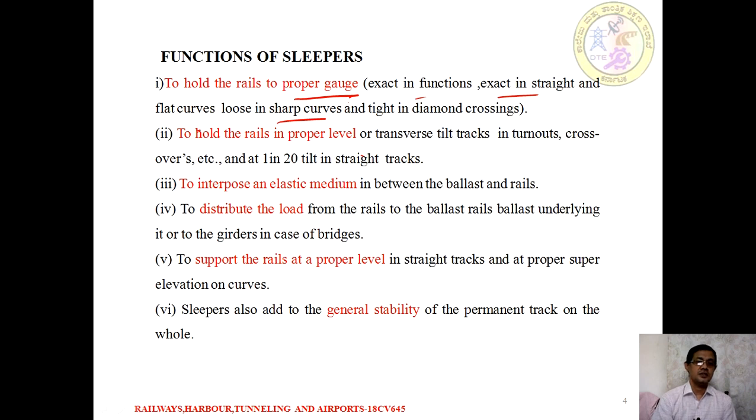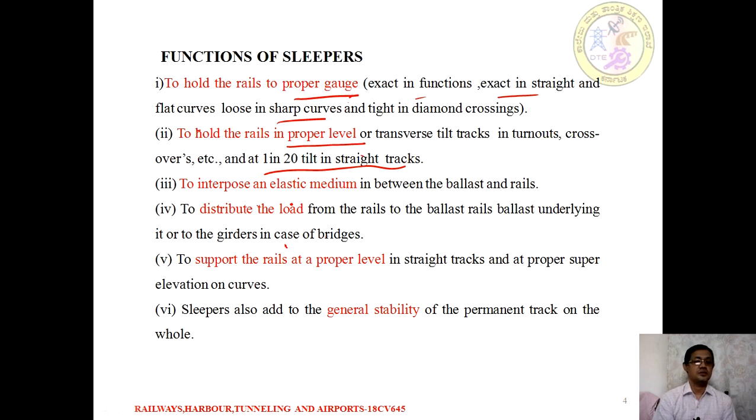Next, the sleepers should hold the rails at proper level. Proper level means providing the chair for the proper leveling of the rails which are fixed, so that we can avoid the tilt in turnouts and crossovers; hence a tilt of 1 in 20 is provided for the straight track.